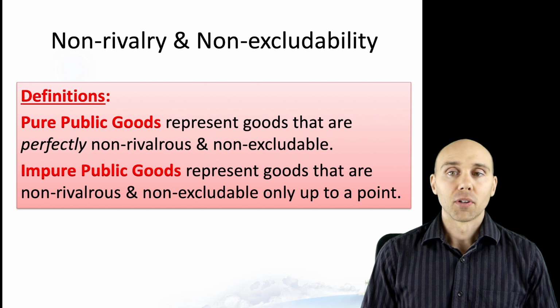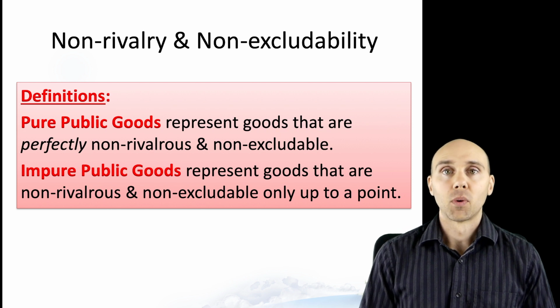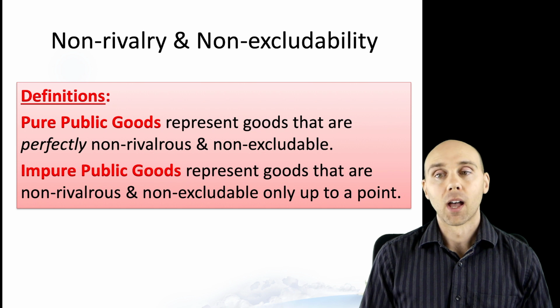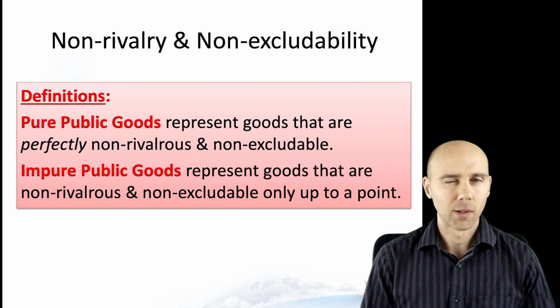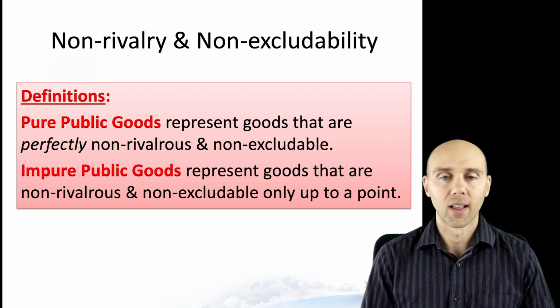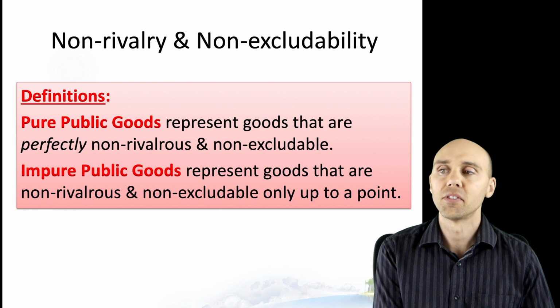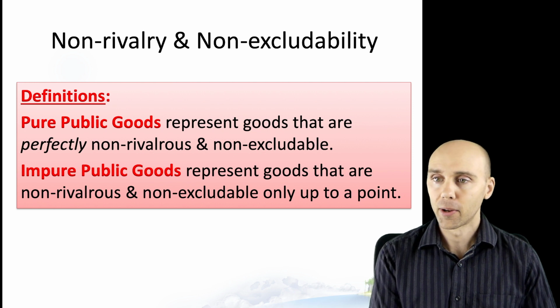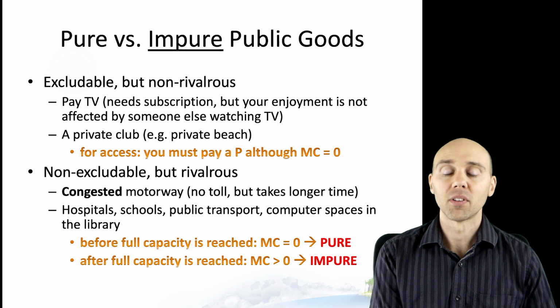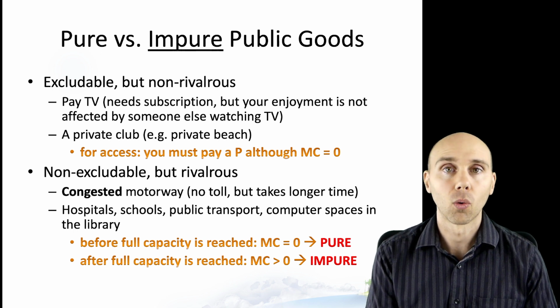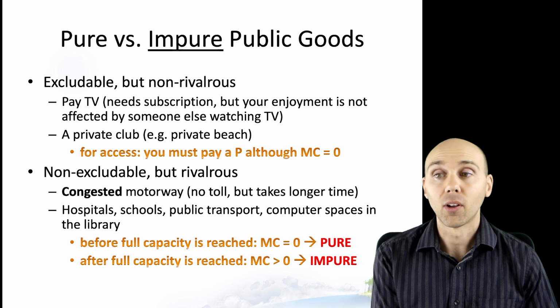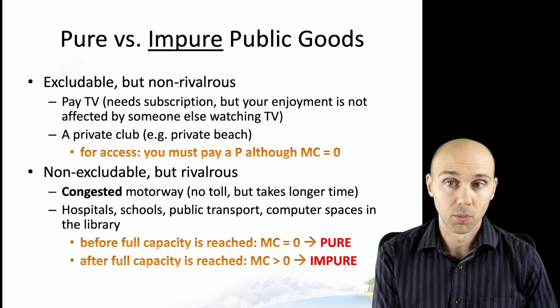We're mainly going to focus on pure public goods, and that's situations where these goods are perfectly non-rivalrous and non-excludable. There are also important goods that are close to being public goods but are not quite there, so up to a certain point. We call those impure public goods. So we can look at some goods that are excludable but non-rivalrous, so they're similar to public goods but not quite, such as pay TV, because you need a subscription in order to access that, or any sort of private beach.